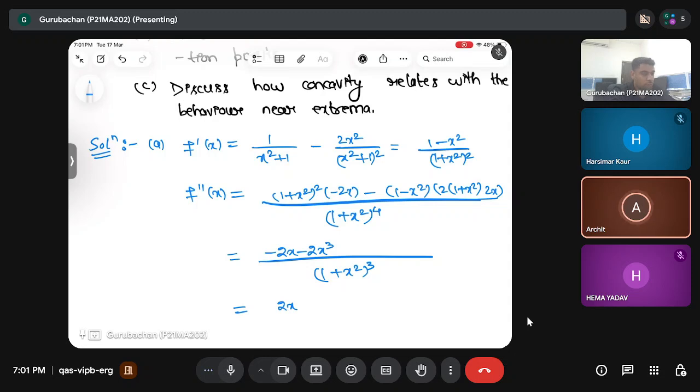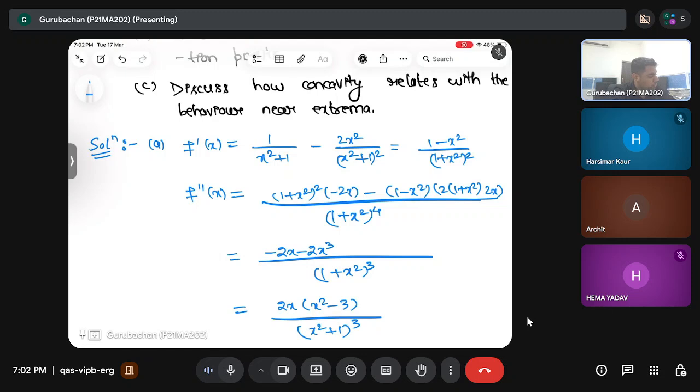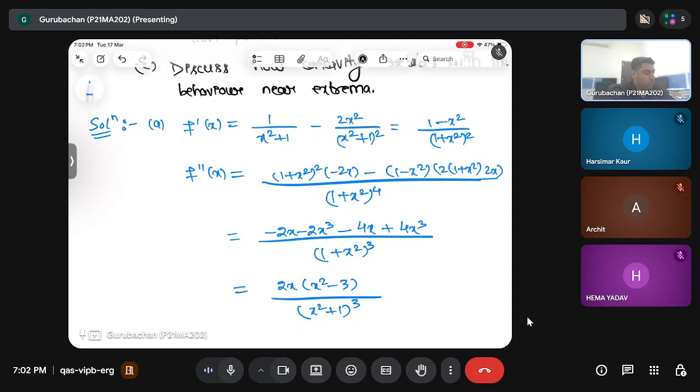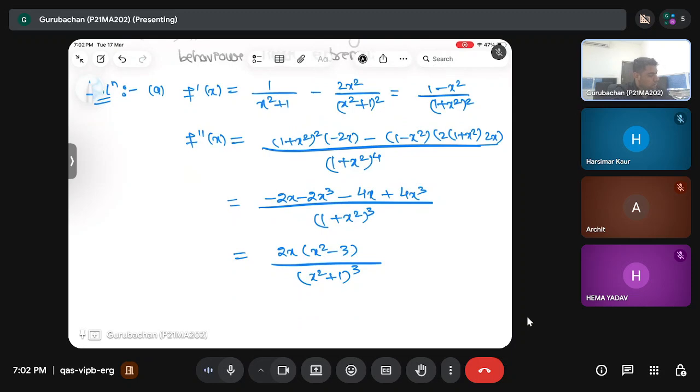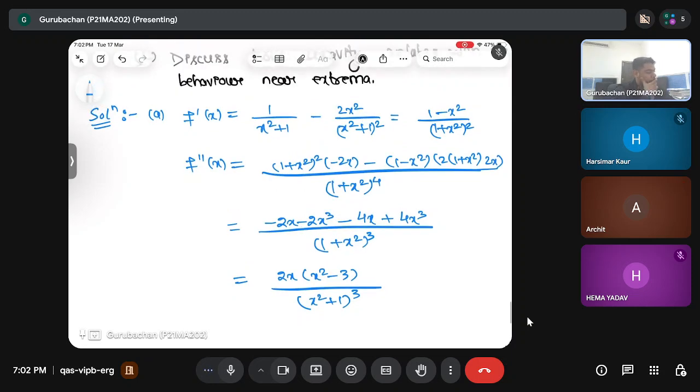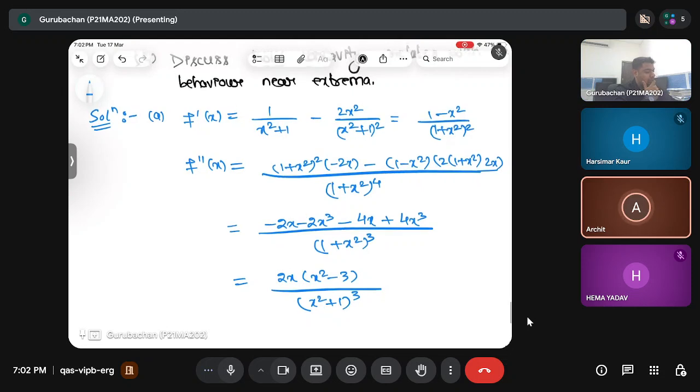Sir, finally I have got 2x into x square minus 3 in the numerator. Okay. So this is just a bit more calculation: minus 4x and plus 4x cube left only. So from here you will get 2x cube and minus 2x. Is there any calculation error? No, sir, it is right. You have taken minus common. So from here you will get 2x cube and minus 6x.